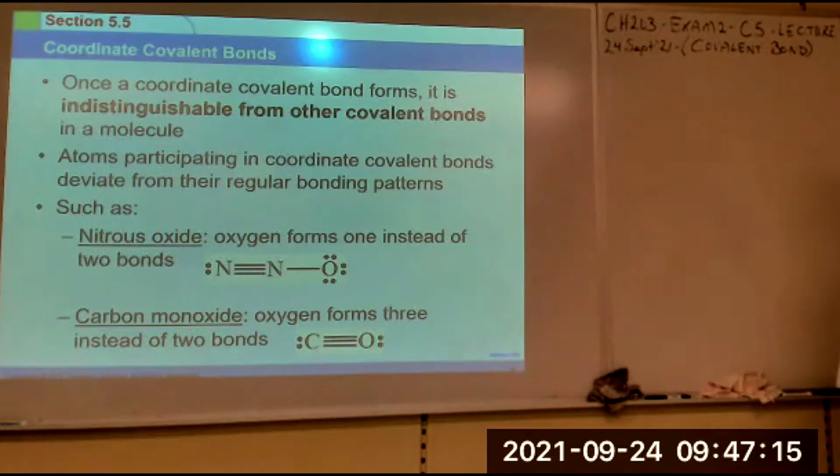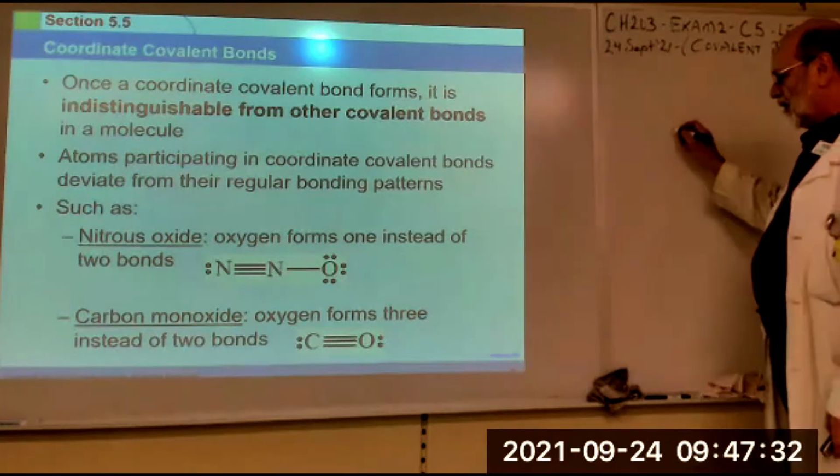Carbon monoxide. Okay, here, they're going to answer my questions. Carbon monoxide forms 3 bonds instead of 2. So how does it do that? Well, let's look at it.